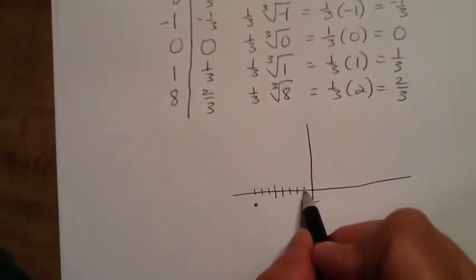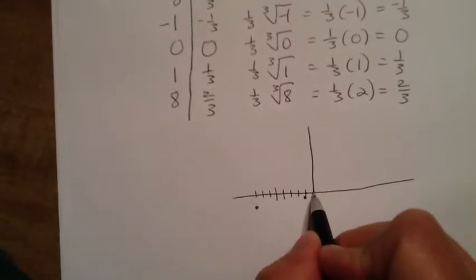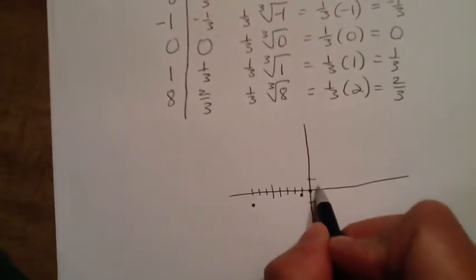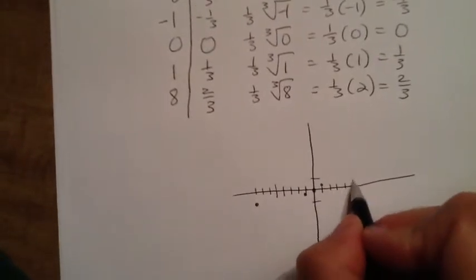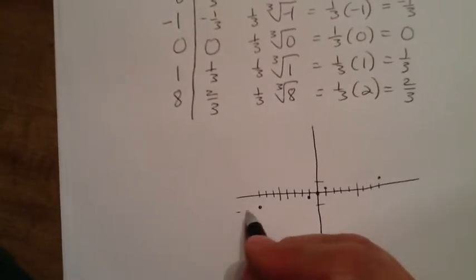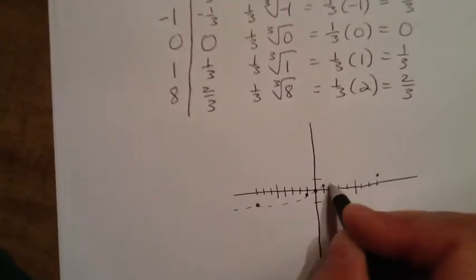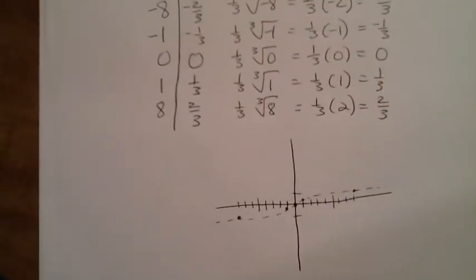Then I'm going to go -1 and down 1/3, and then 0, 0, and then 1 and up 1/3, and then 2, 3, 4, 5, 6, 7, 8, up 2/3. This is my basic.